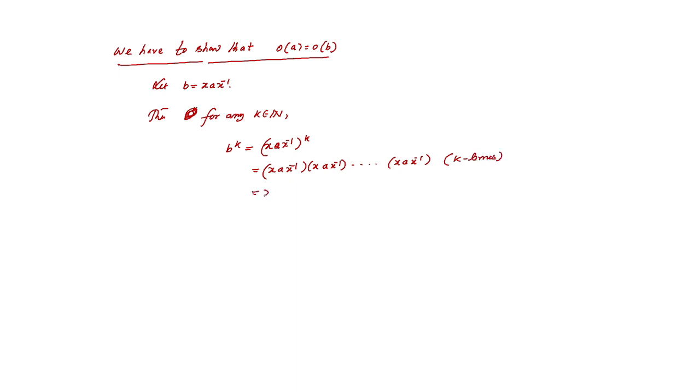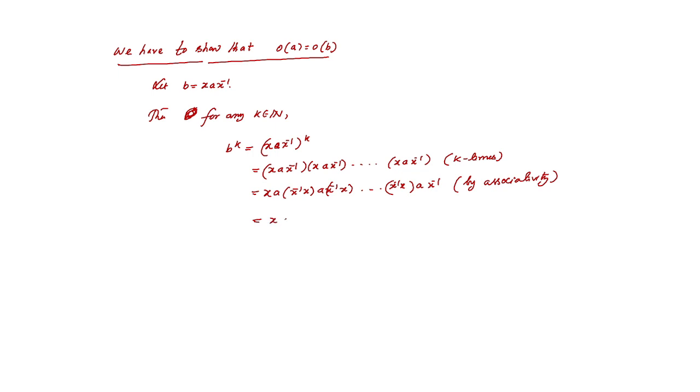And if we apply the associativity law, that will be XA (X inverse X) A (X inverse X) ... A X inverse. So this is by the associativity property.